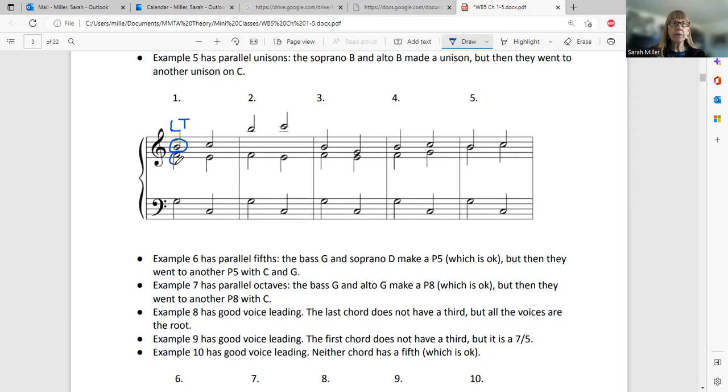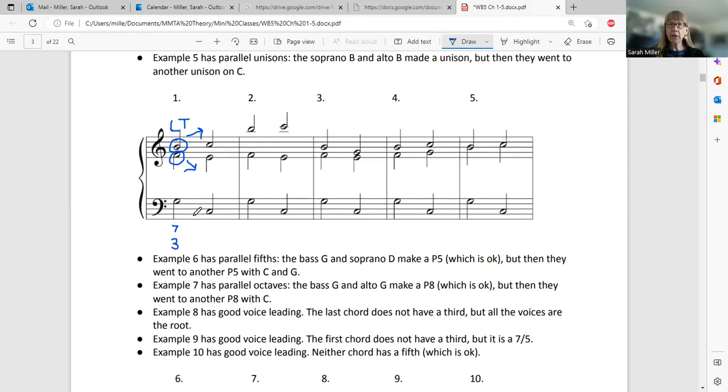And we are looking for this chordal seventh to go down. So if this example had had figures, what it would have had is 7, 3.